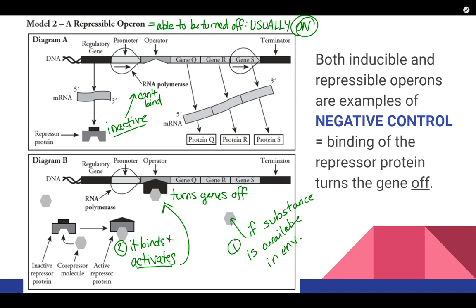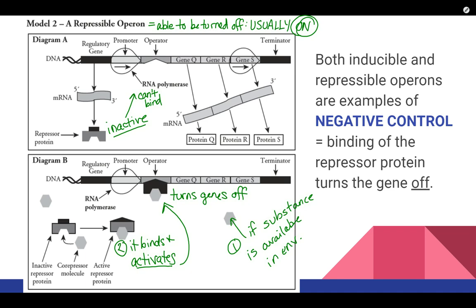As with everything in biology, in reality, this is more complex than just one or the other. There's always more to it. So there are some genes that have multiple layers of control, and there is also a type of positive control that we're just going to talk about briefly. The reason cells need multiple control mechanisms is because real life is more complicated than just you have something or you don't.